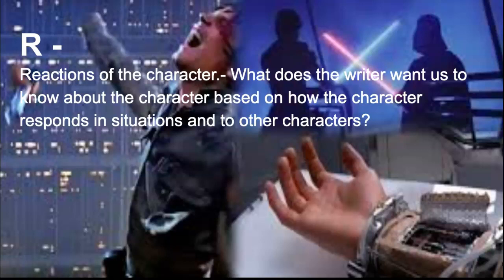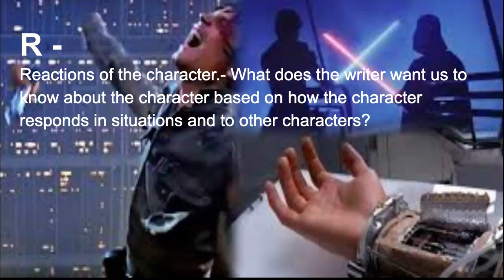The R in PAIRS is for reactions, the reactions of the characters. When we find ourselves in this space, we have to ask, what does the writer want us to know about the character based on how the character responds in situations and to other characters?